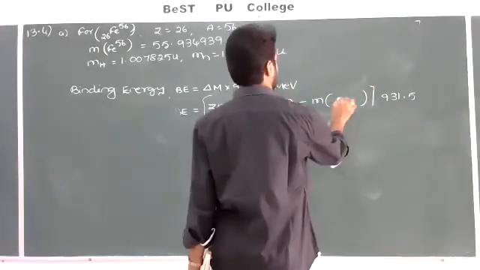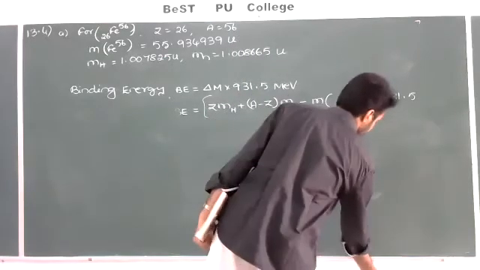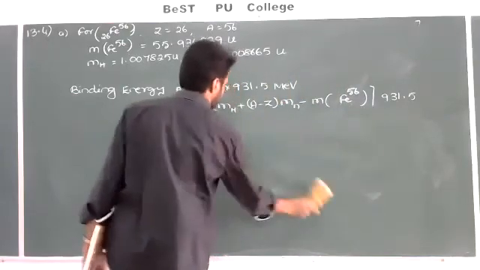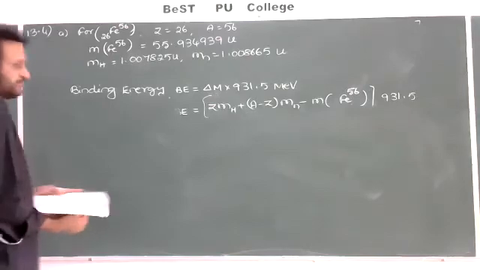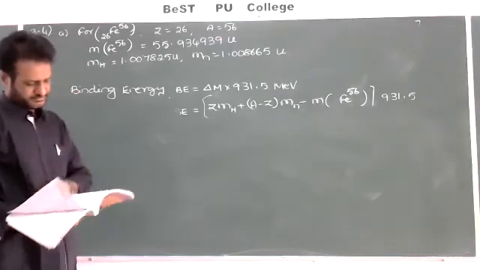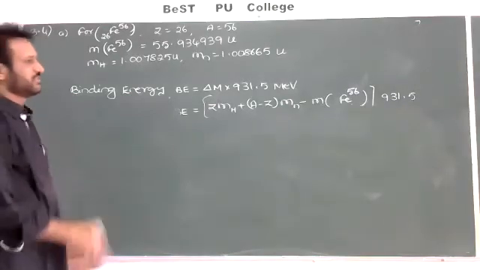Instead of nitrogen, here for the mass of iron you should take 56. Substitute the values in this question.